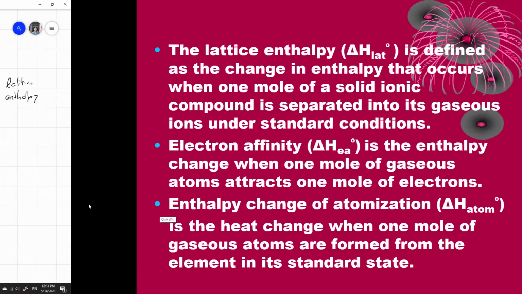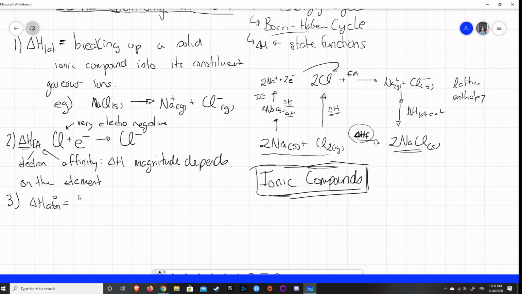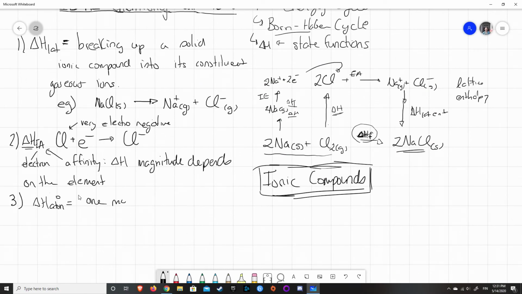So gaseous atoms. If we look at elements in their standard state, I'll give you an example. We'll write down the definition first. Delta H of atomization: 1 mole of gaseous atoms, that's the most important part, formed from elements in their standard states.